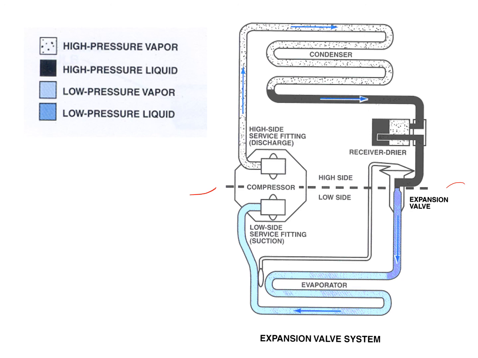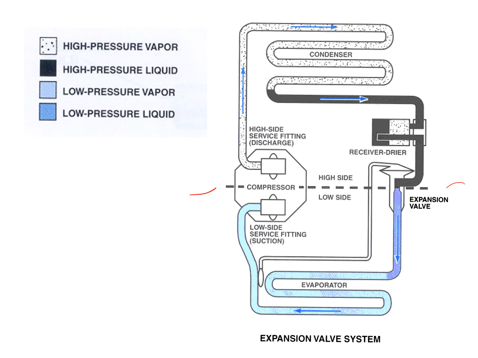Receiver dryer would be vertical instead of horizontal. And this is just to illustrate it in the diagram. So we'd have that liquid, high temperature refrigerant going into the receiver dryer, and from there, the liquid refrigerant, high temperature, high pressure, gets to the thermostatic expansion valve.